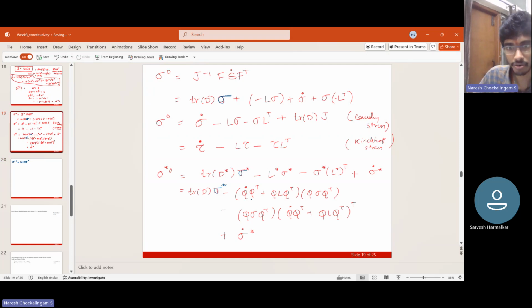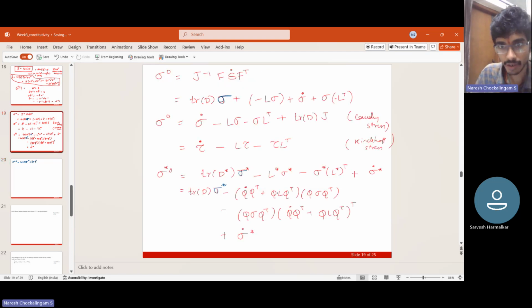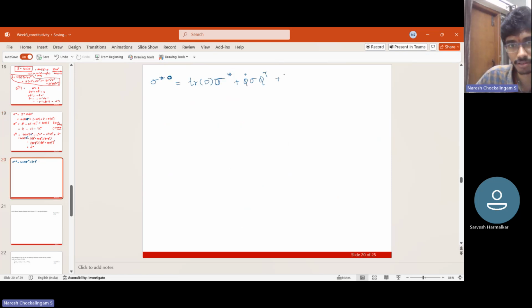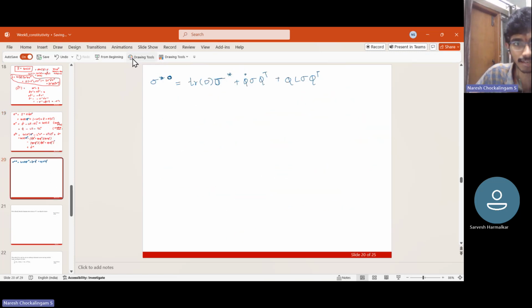The first term gives Q dot sigma Q transpose, and this is Q L sigma Q transpose. Q transpose Q gets cancelled, so plus Q L sigma Q transpose, and this entire thing has a minus sign.